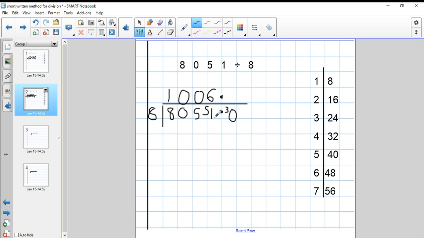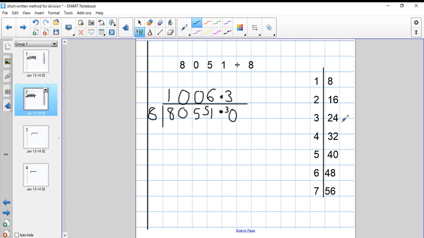So hopefully you're seeing here, when we bring remainders over into the tenths column, or the hundredths, the thousandths, etc., we need to put a placeholder 0 next to them. And then we can treat the question like we normally do. So I would ask myself here, how many times does 8 go into 30? 8 goes into 30 3 times, because 8 times 3 is 24.